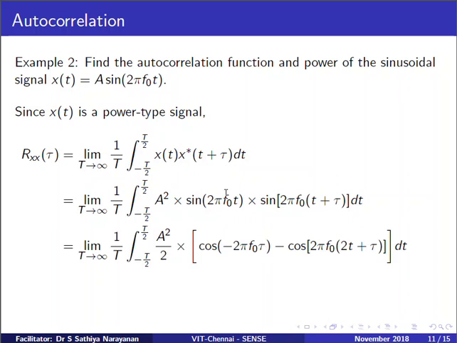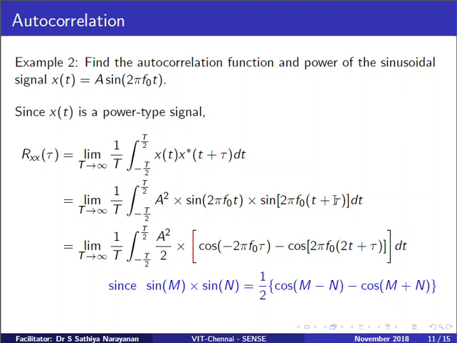Okay, so here we are writing it using the trigonometric identity: sin m times sin n is equal to 1 by 2 times cos(m minus n) minus cos(m plus n). Once you put that, you will get two terms.